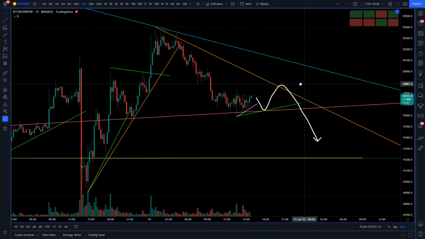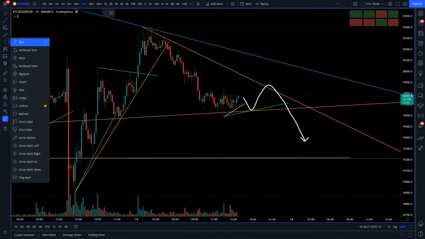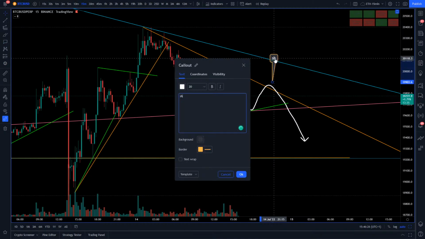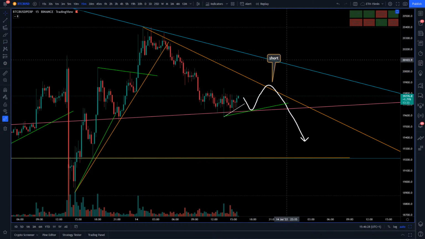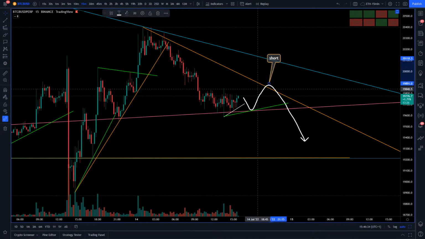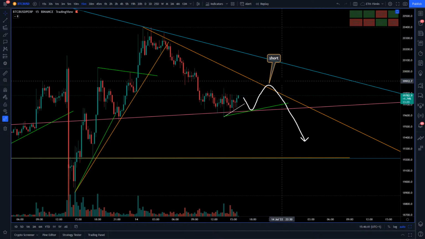So I expect to short here. I'm not pointing at the exact price, but I'm pointing at the projection of the direction. Do you understand what I mean?